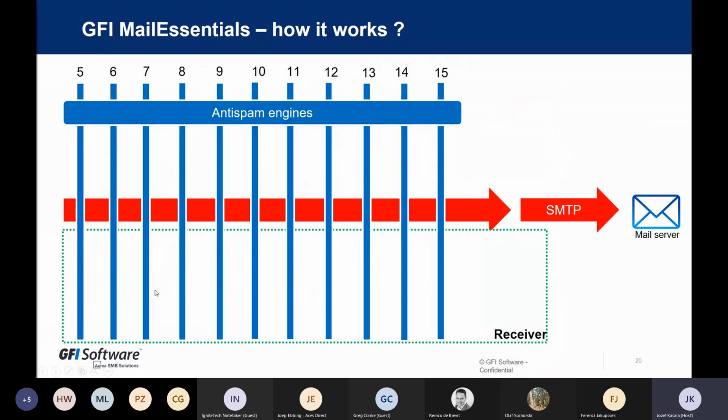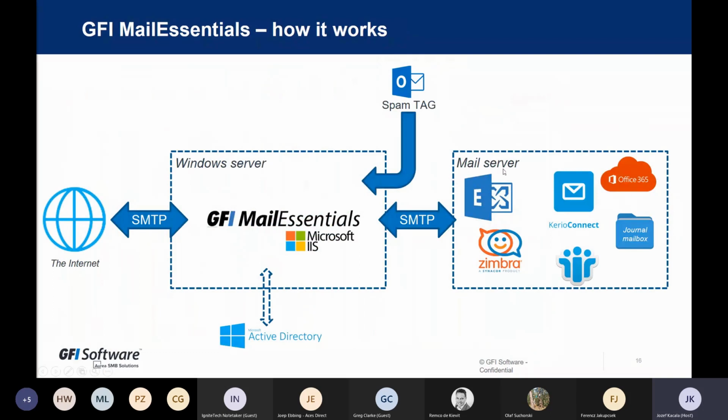So all of these will happen before the Mail Essentials actually sends the email to your mail server. And then, of course, your mail server can have additional antivirus or anti-spam checking.